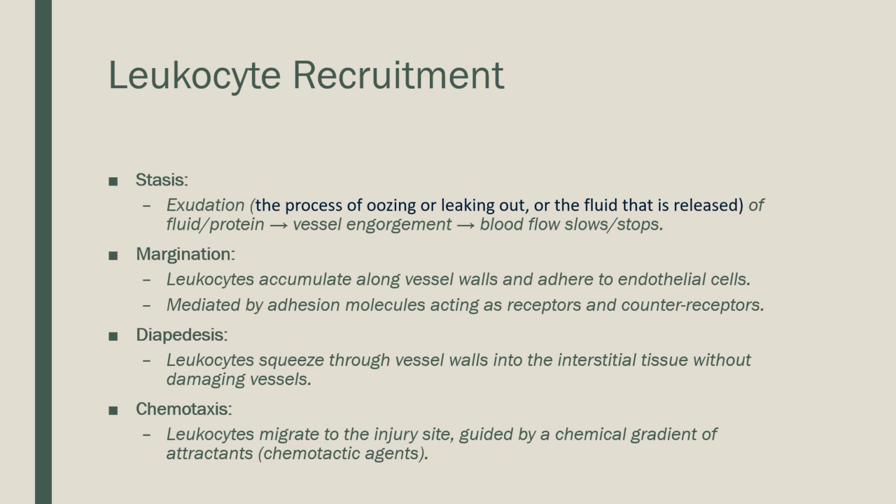Margination is where leukocytes accumulate along the vessel walls and adhere to endothelial cells. It is mediated by adhesion molecules acting as receptors and counter receptors. Diapedesis, where leukocytes squeeze through the vessel walls into the interstitial tissue without damaging vessels. And chemotaxis, where leukocytes migrate to the injury site guided by a chemical gradient of attractants.